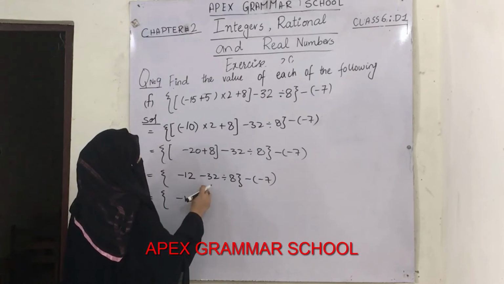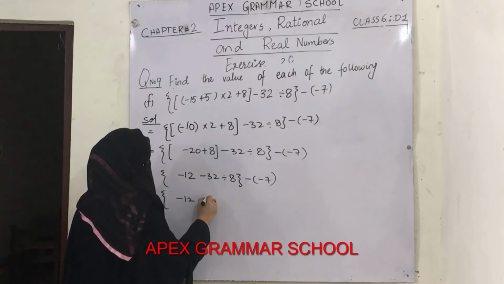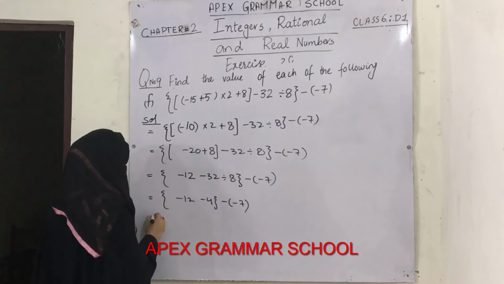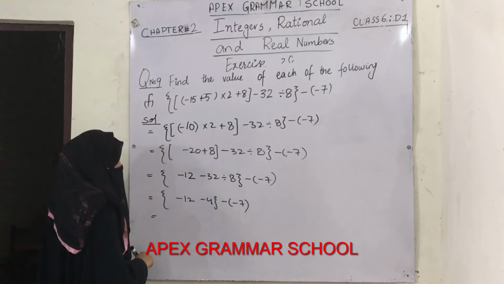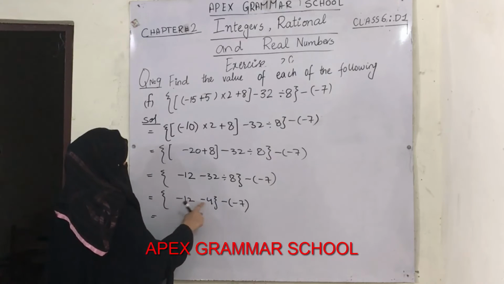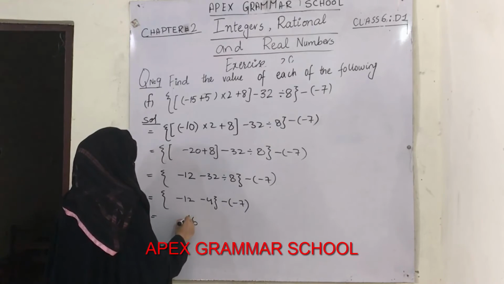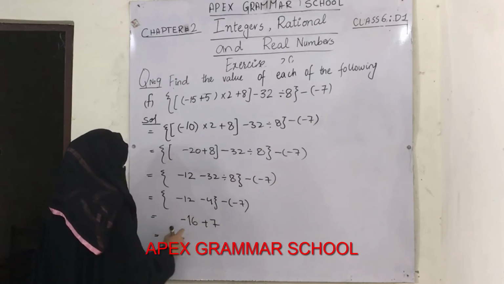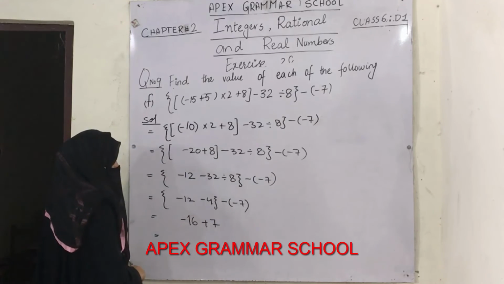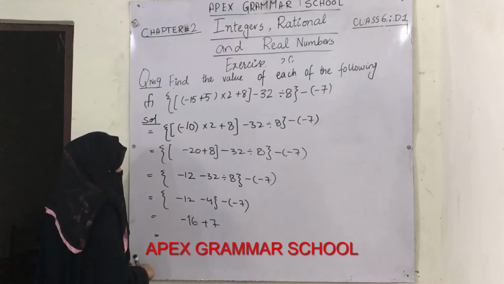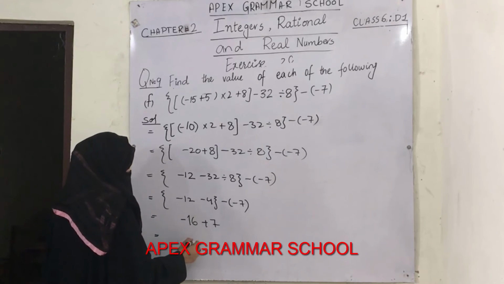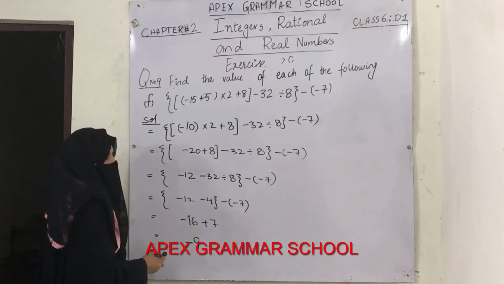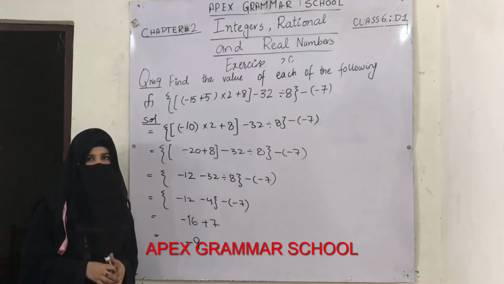Minus 12, when you divide minus 32 by 8 you will get minus 4, minus into minus 7. Now you can see both of the values are having same sign, so I am going to add them. 12 plus 4 is 16 and the sign will remain as minus, minus plus 7. 16 and 7 both are having opposite sign, which means I have to subtract, and after subtraction you will get 9 and the sign of greater value will come, which means minus 9 is your final answer.